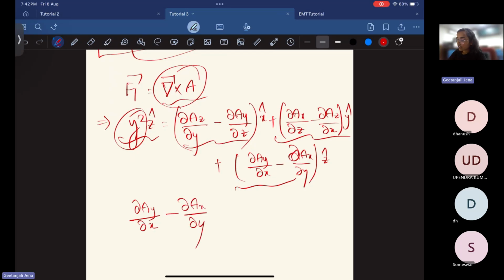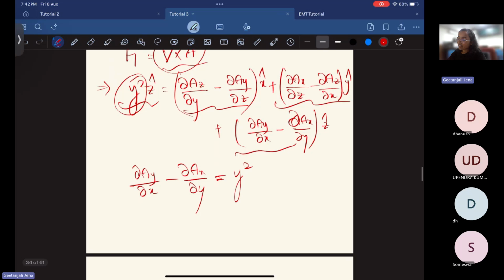So vector potential, if you remember the lecture, it's not unique. It can have various forms. So for this vector field, you will not have only one kind of vector potential. It can have different kinds of expressions. So what will be the easiest vector potential that you can guess?